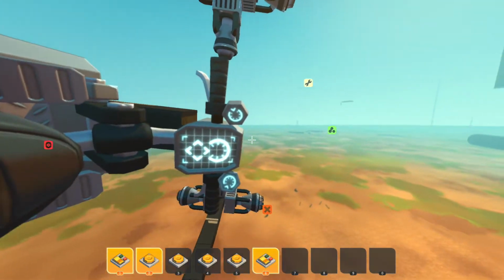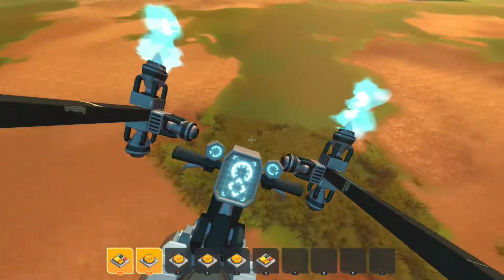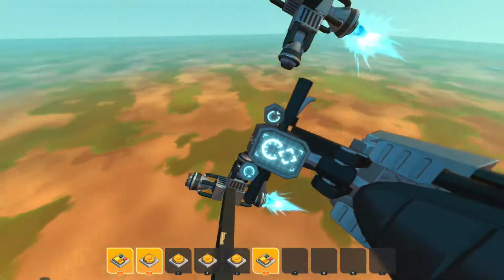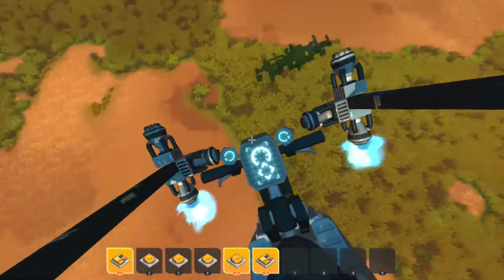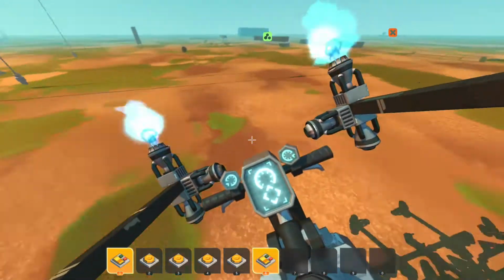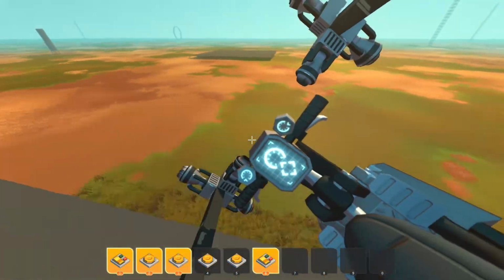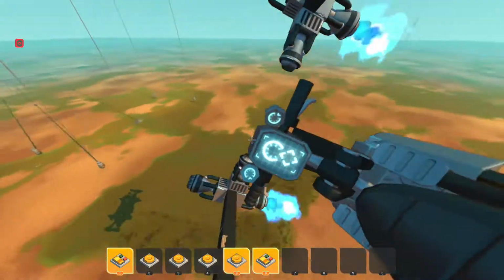It's hard for me to fully demonstrate just how fast these can go in this world. Well, a terrain world would be a good example for just how much you can push these.